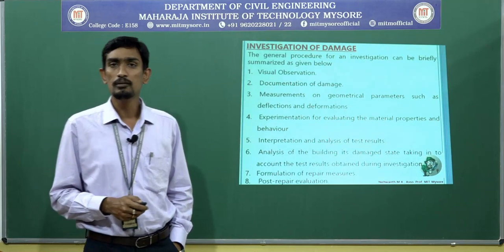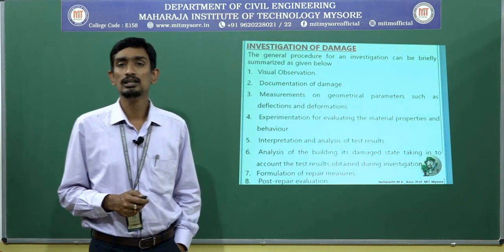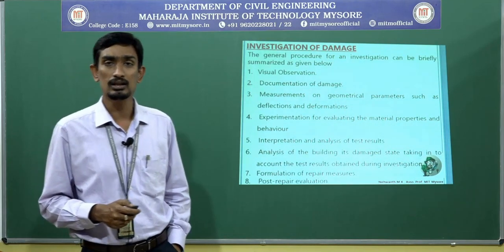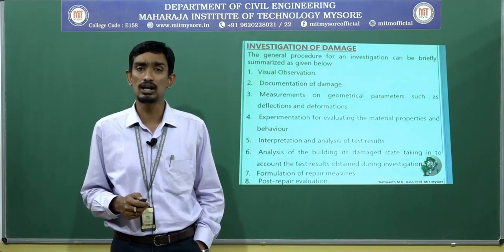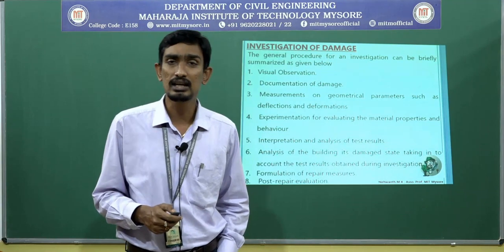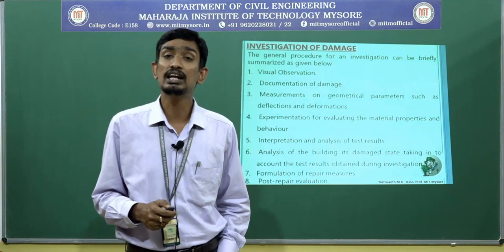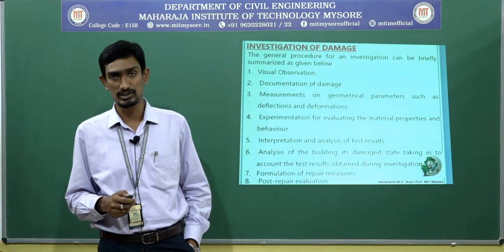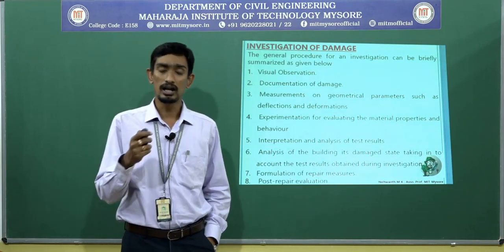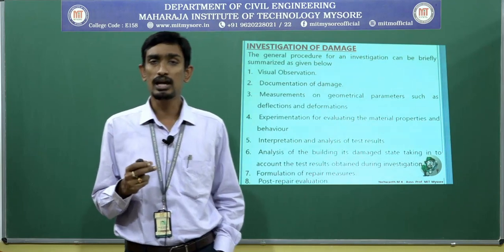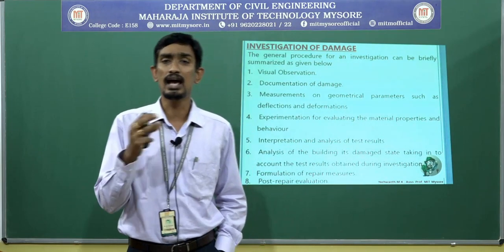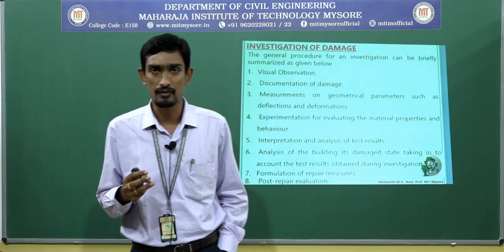What is that role? You have learned the various phenomena, or I can say the physical and chemical causes for deterioration of concrete structures. That means what are all the physical and chemical phenomena that create damage in the concrete structure.